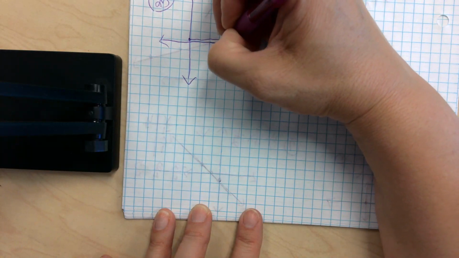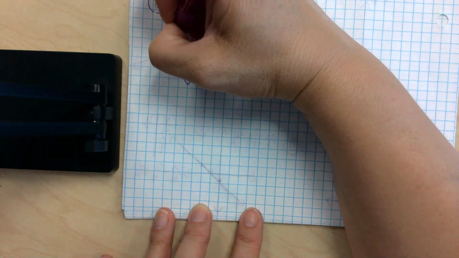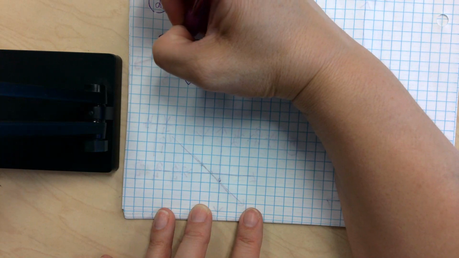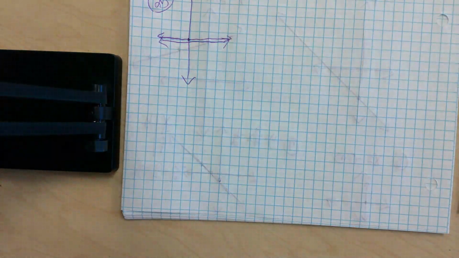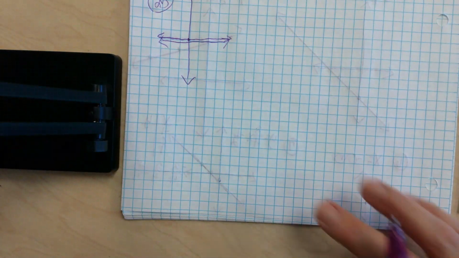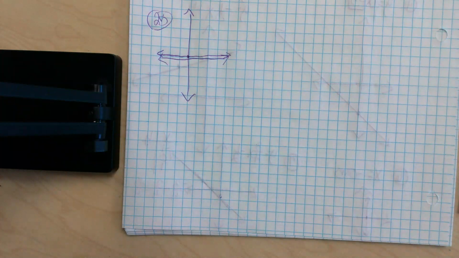And that's going to be my horizontal line. Now, if you had to identify where it crosses the x, where does it cross the x? It doesn't. So the x-intercept would be none. It's never going to cross the x.